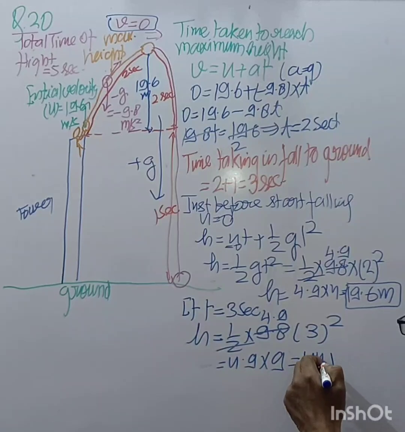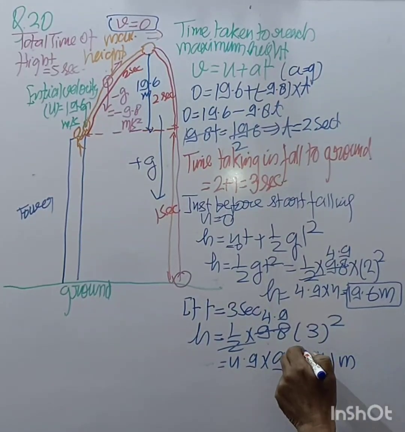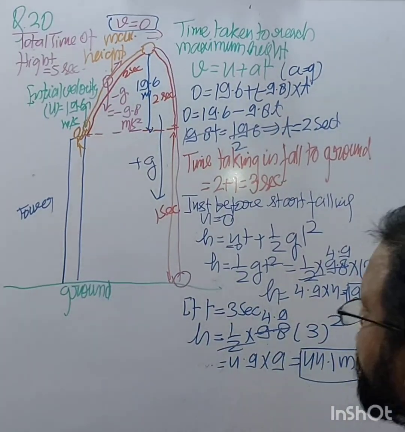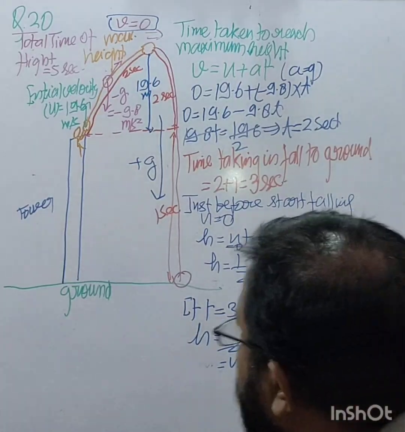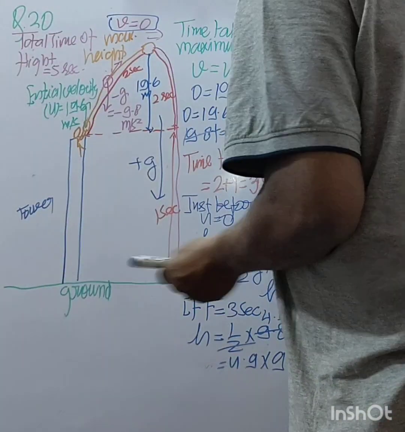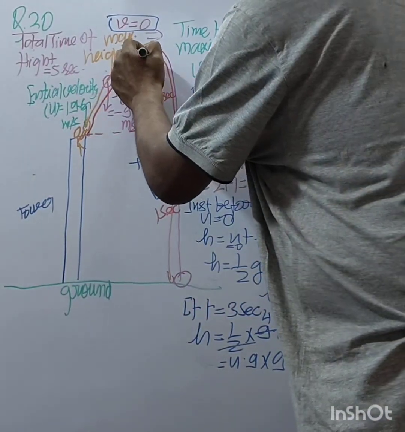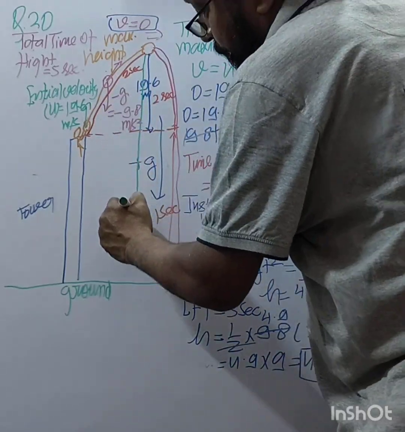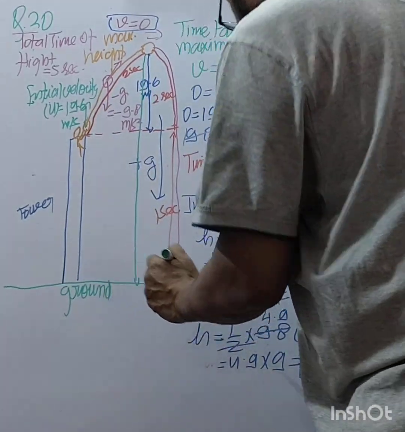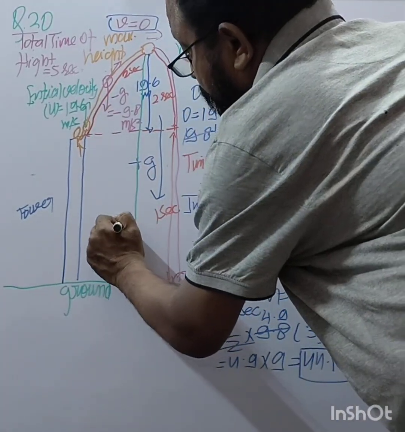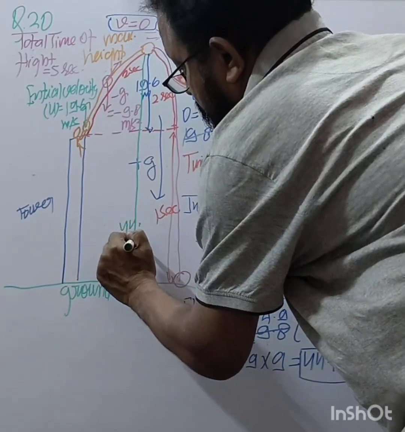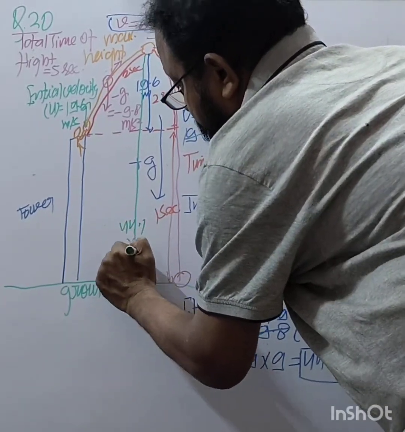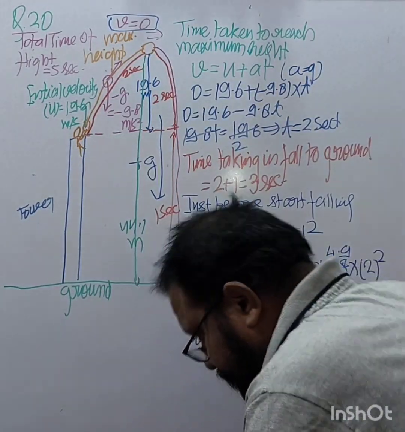So 44.1 meter in 3 seconds. So the height from here to here is 44.1 meter.